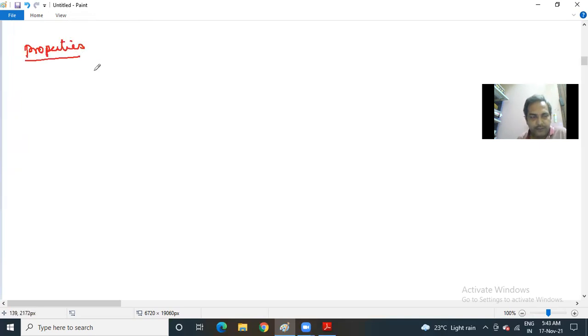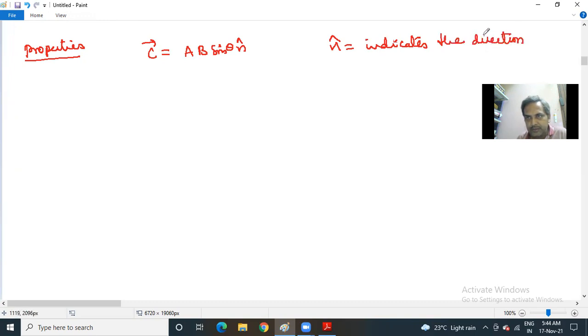Properties of cross product. Once again let me write the cross product: C is equal to AB sin theta n cap. So what is n cap? n cap indicates the direction of the resultant vector.